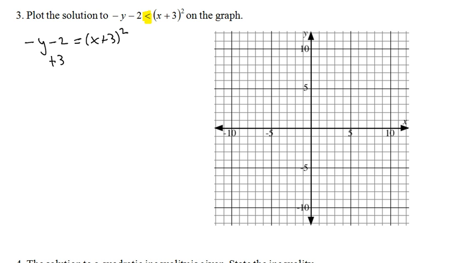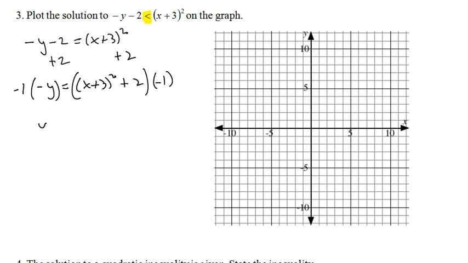And now let's just rearrange this a bit so it looks a little more familiar. Multiply both sides by -1.